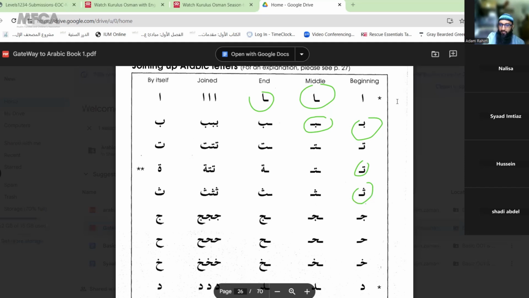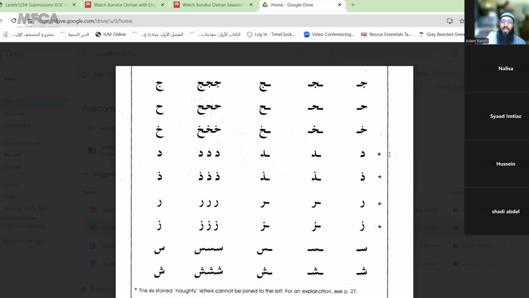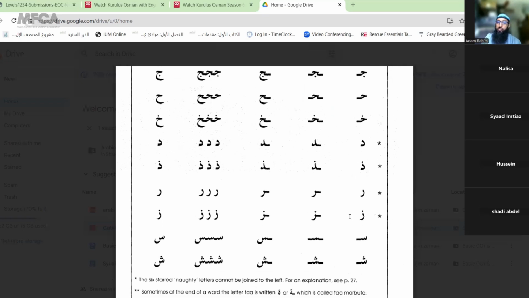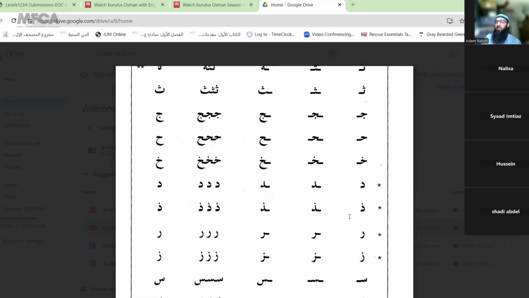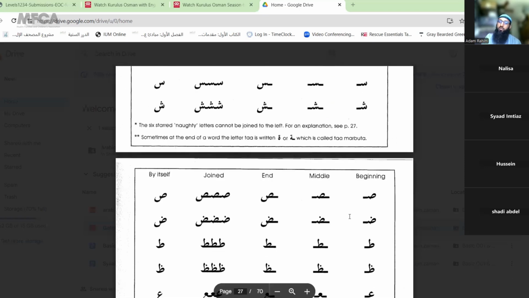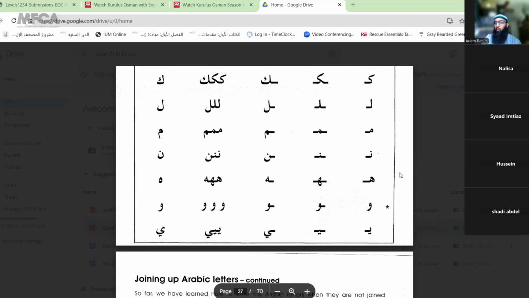So those letters are alif, as you can see from the asterisks, dal, zal, ra, zai. So far, from those letters that don't connect to that which comes after them, we've taken the majority of them. We've taken alif, dal, zal, ra, zai, and we mentioned the other letter, which we haven't learned yet, because it's part of those, and that is the letter wow.